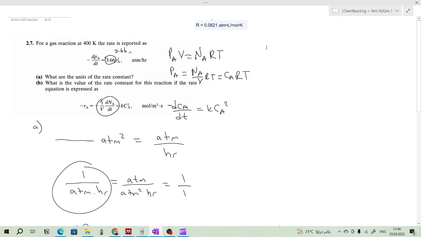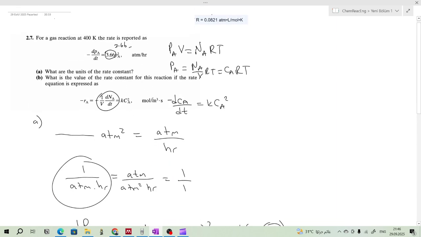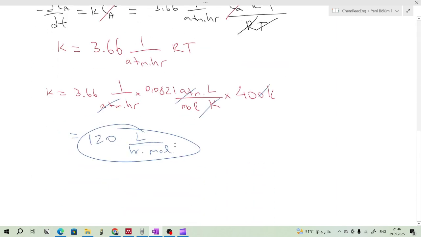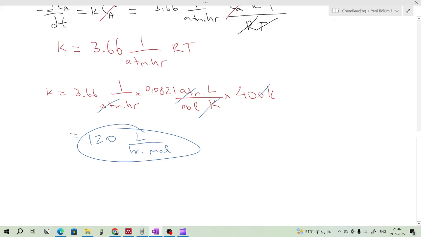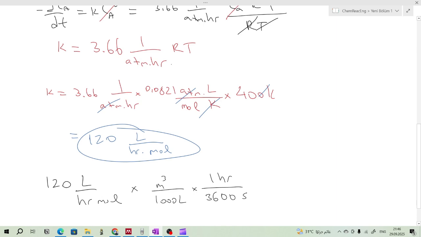But if you see here, our equation says that it is mole per meter cube second. It is fine to leave it like this, but if we need to convert in terms of meter cube and seconds, it's better. So let's convert one more step. 1,000 liter is 1 meter cube, and 1 hour is 3,600 seconds.